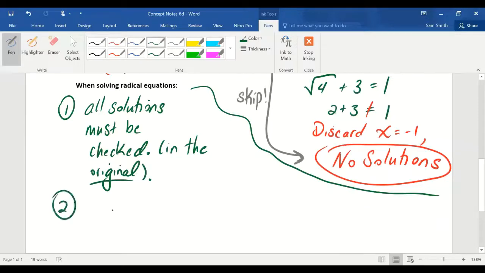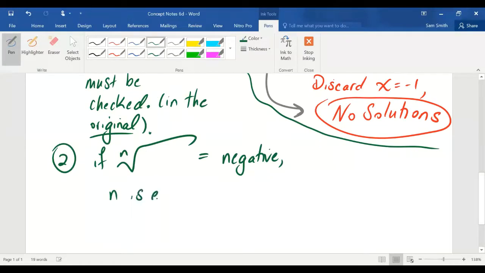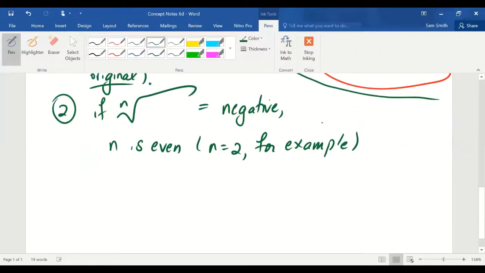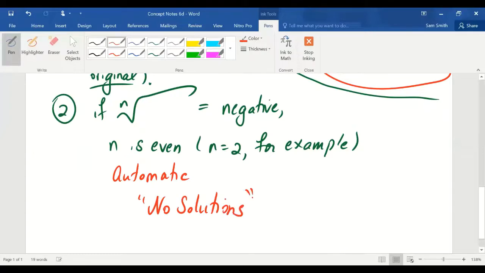And second of all, if you have something like nth root equals a negative number, and that n is even, such as n equals 2, that is impossible. An even root was manufactured to produce non-negative values only. And so if you find yourself with nth root equals negative and the index is even, that's an automatic no solutions. That's impossible. You can save yourself a bit of work.